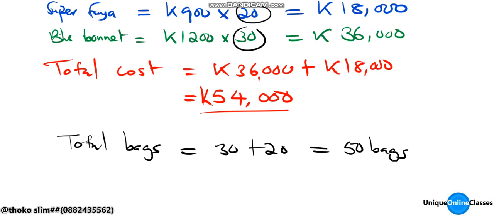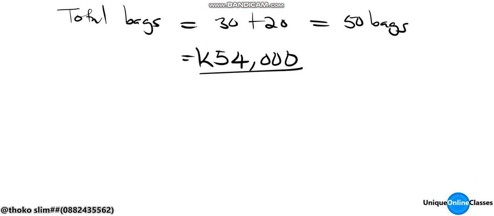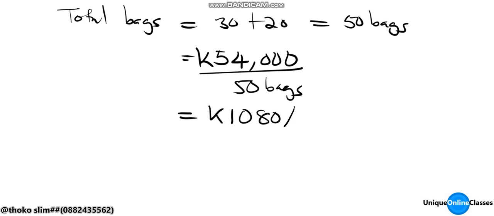To find the cost of the mixture per bag, that's 54,000 kwacha divided by 50 bags. If we divide 54,000 by 50, the answer is 1,080 kwacha per bag. So that's the cost per bag.